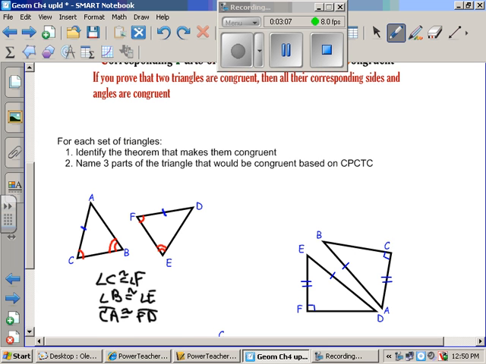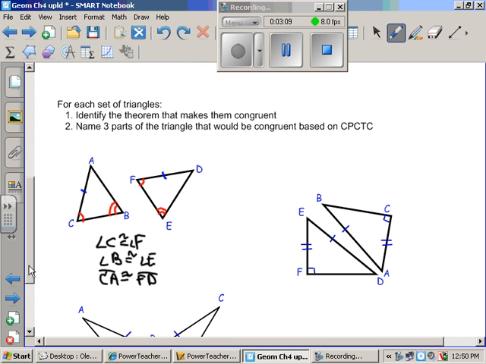Okay, so by angle, angle, side, what triangles are congruent? Right, triangle ACB is congruent to triangle DFE. Okay, so I've proven these two triangles are congruent.